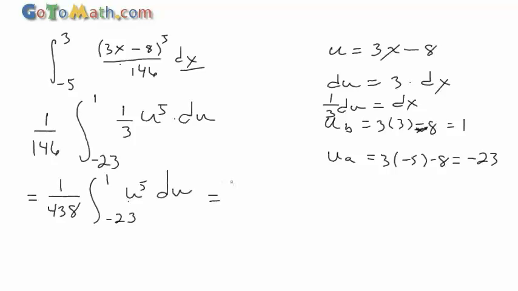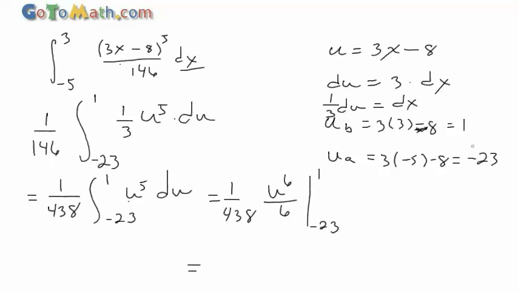So we got 1 over 438. It's like a transformation. And then we go ahead and take the integral. So we have u to the sixth over 6, and we're going from -23 to 1. Now we want to plug your upper and your lower in, right? Exercise that fundamental theorem of calculus. 438 times 6.